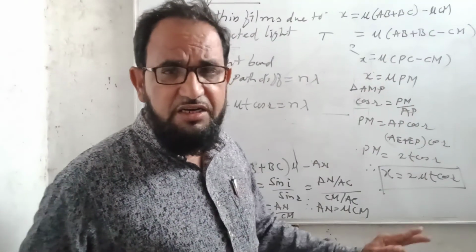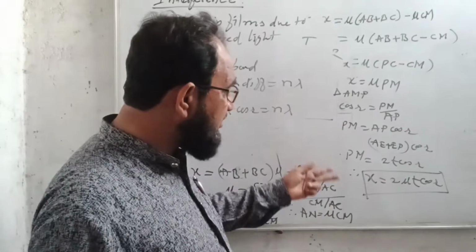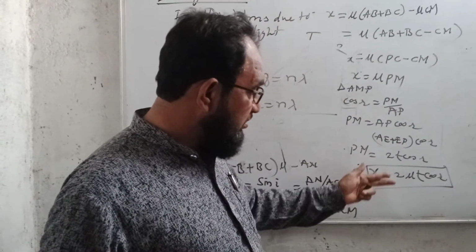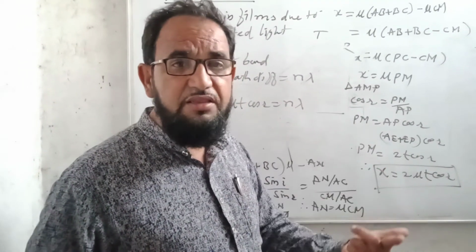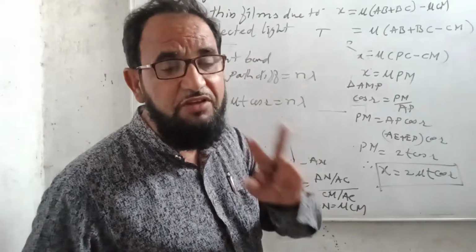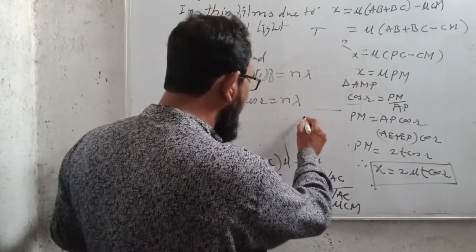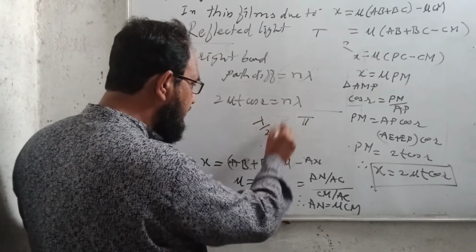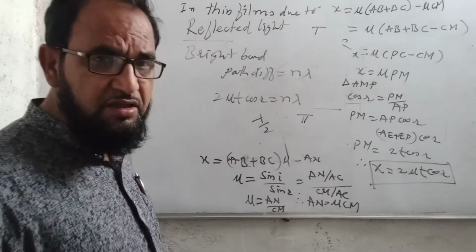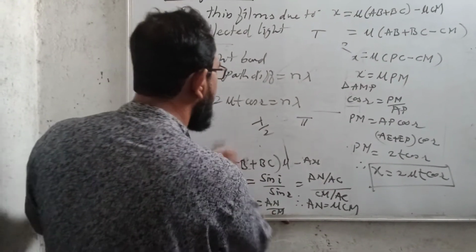that this path difference is calculated using the geometry of the figure. But according to the electromagnetic theory, when there is reflection from the thin films, there is a phase difference between the two rays, a phase difference of pi or lambda by 2 in path. So that much path difference should be subtracted from the actual path difference.